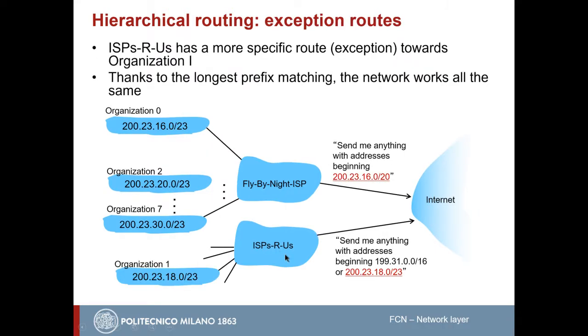So what I was referring to before is the exception routing. In this case, you can see that we have this block, which is the same as in the previous slide, but then we have this block which is separated. We are adding to the routing tables of routers that are here this entry, which is the same as in the previous slide.